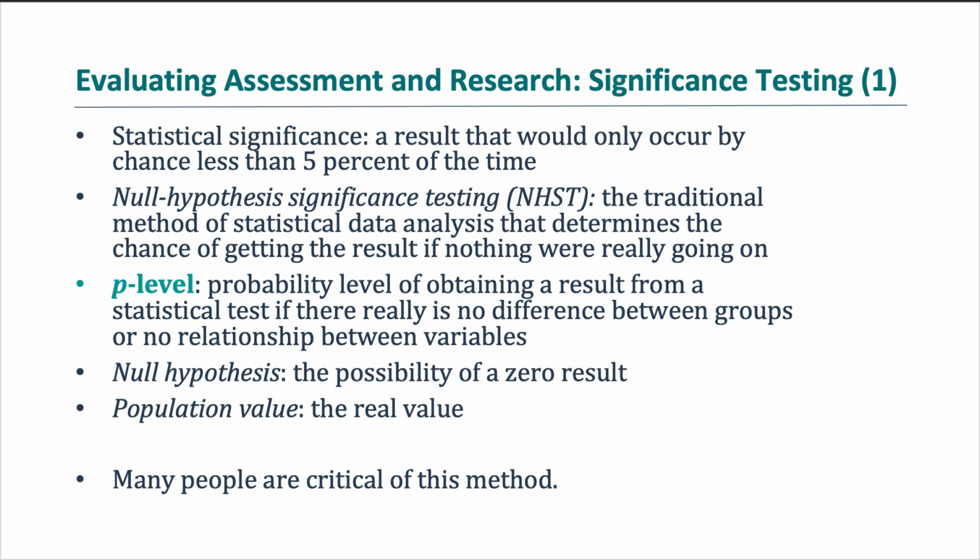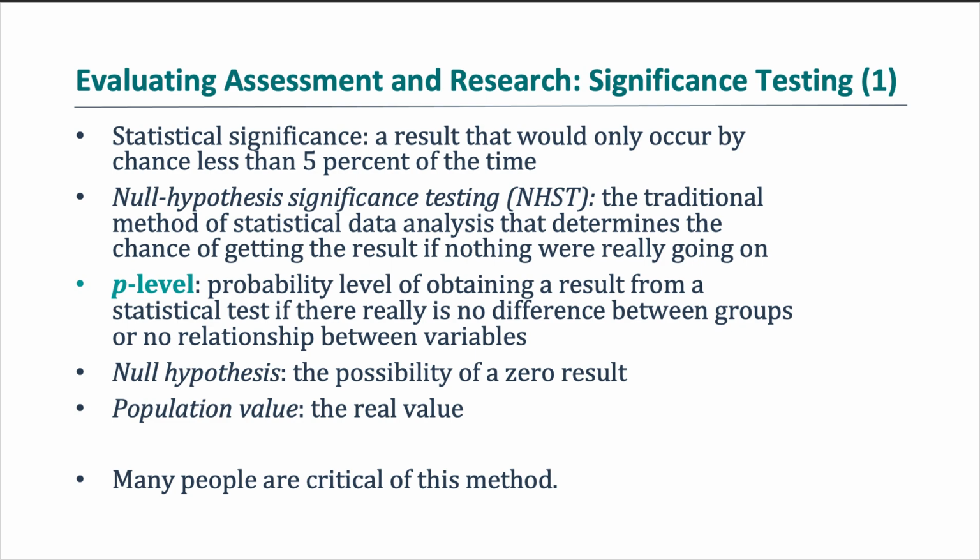This is probably the most common, most widely known way of doing hypothesis testing. What we're looking for is statistical significance: did the result we found in our stats occur by chance less than 5% of the time?